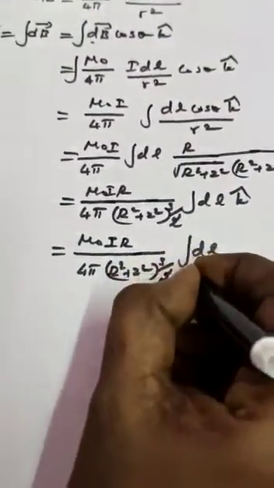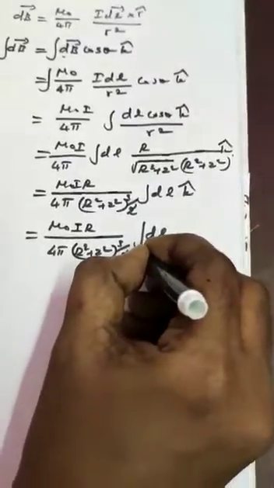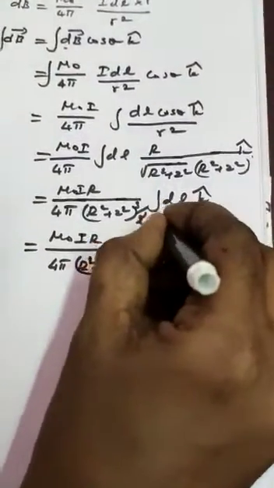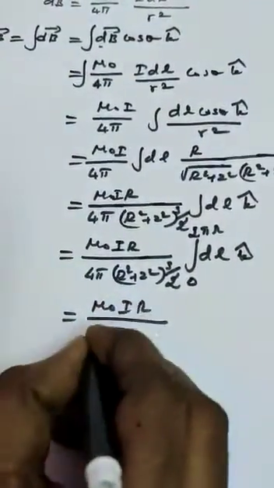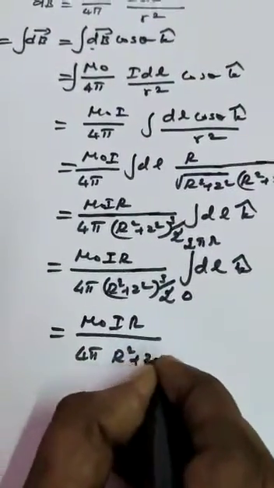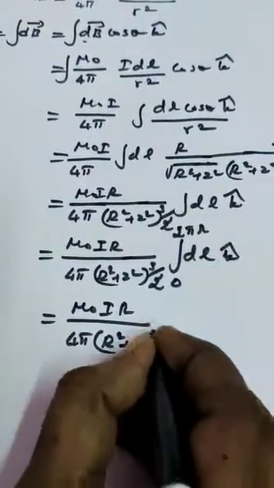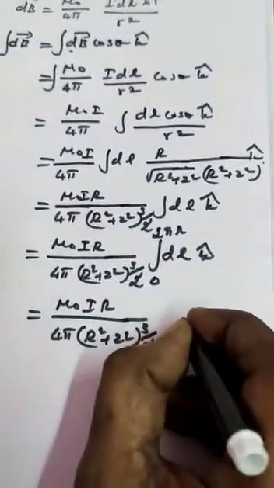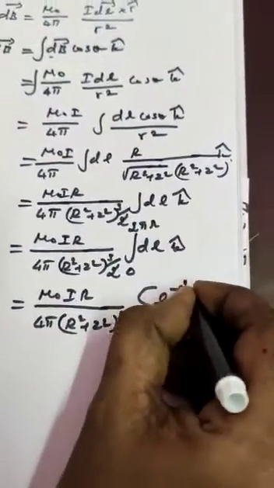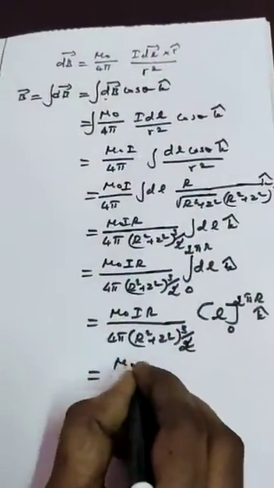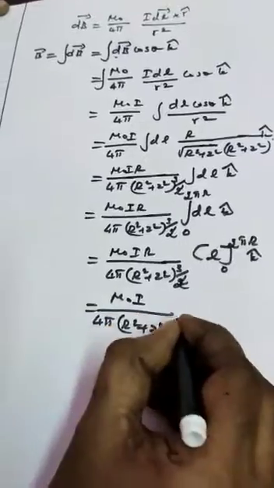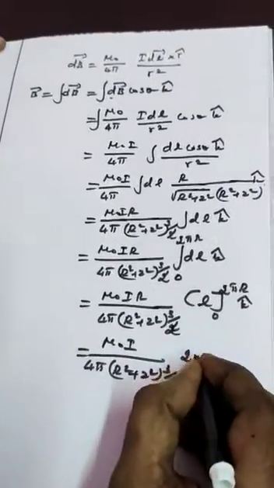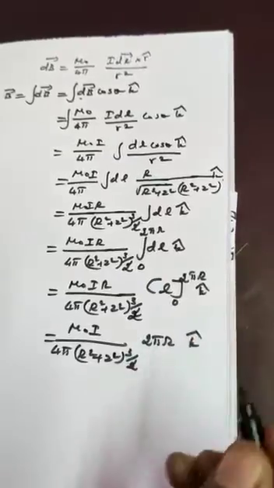When the dl is integrated, it is going to give the total circumference of the circular coil. So 0 to 2 pi r k cap. So mu naught I r by 4 pi r square plus z square the whole power 3 by 2. Integration of dl is L, the lower limit is 0, the upper limit is 2 pi r into k cap.